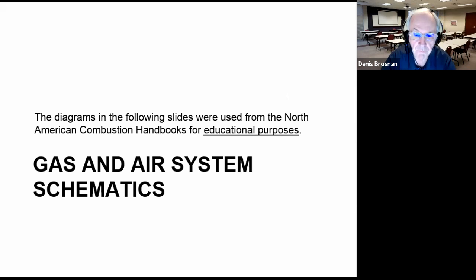So we're going to start with gas and air system schematic diagrams, engineering diagrams. These diagrams were given to me by North American Combustion, which is now Thieves, for use in educational courses at the university.